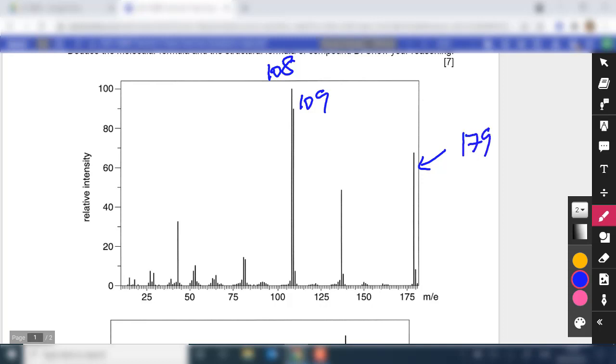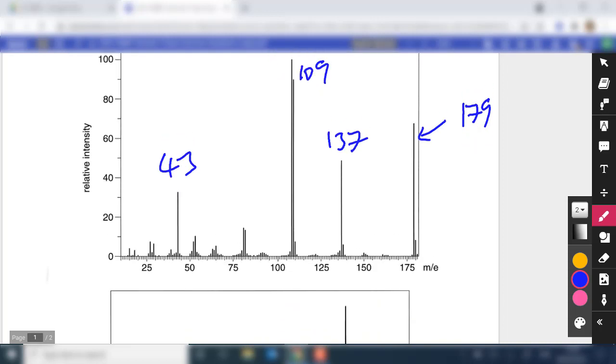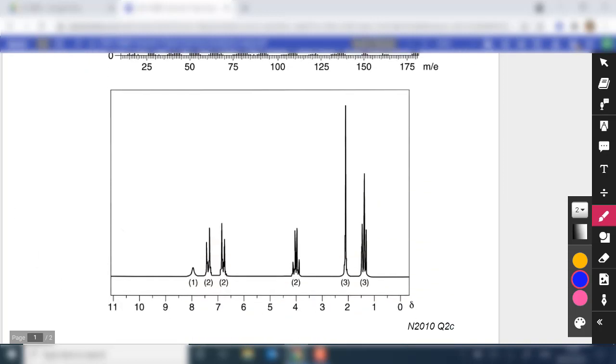There's also a prominent one at 43, and then you have one here at about 137. Probably these are the few peaks. If you want to, you can try to determine what they are. If not, probably we should focus on the NMR signal.